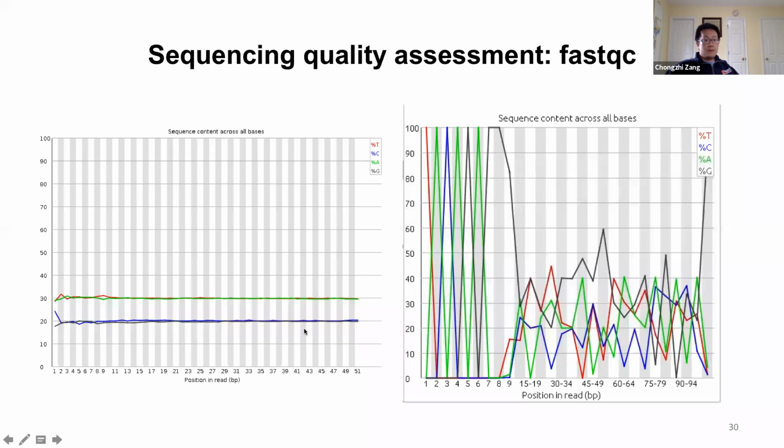So we can see across the entire sequence, from the first base to the 50th base, the distribution of the four bases is fairly stable.